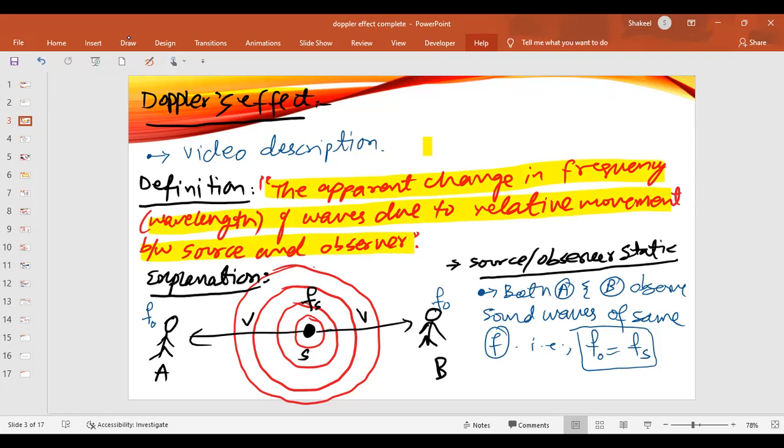And the example is very simple. If you measure the weight of something in air and you measure the weight of the same thing while immersing it in liquid, both the weights will be different. In the liquid, the weight comes out to be less than the actual weight. So we say that the weight of the object in liquid is the apparent weight, because it is apparently being measured as less because of the upthrust force.